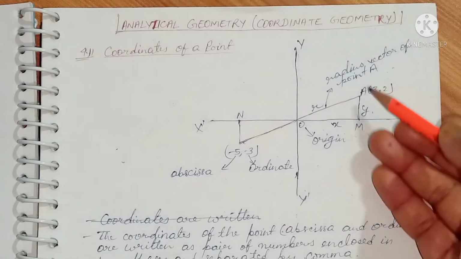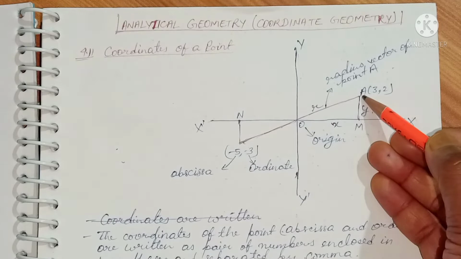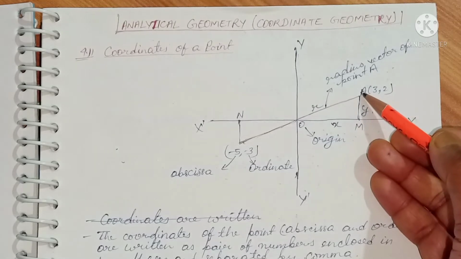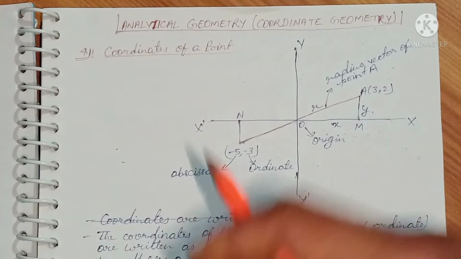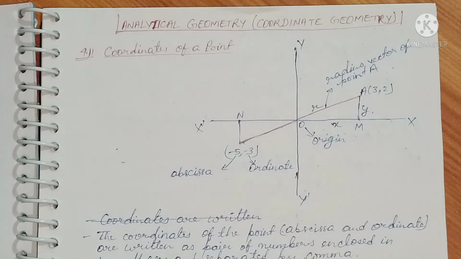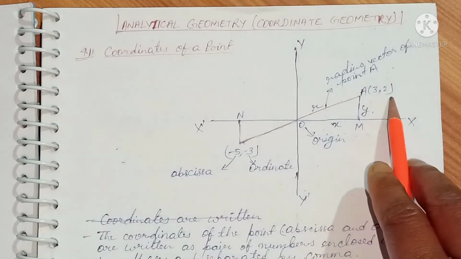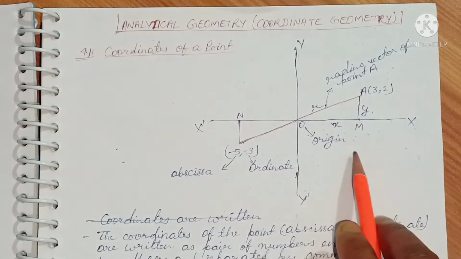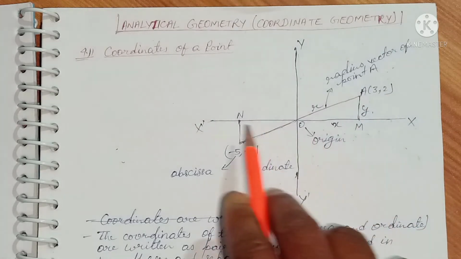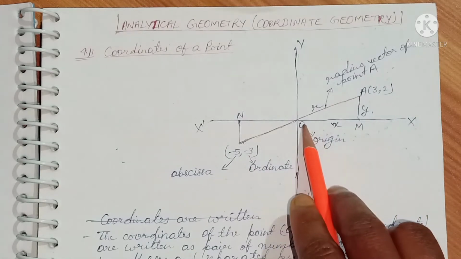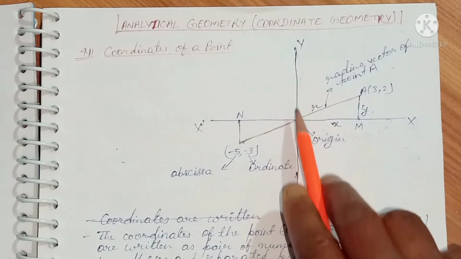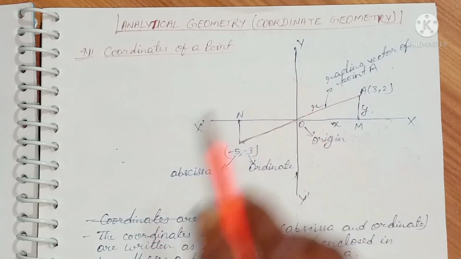For example, here a point A is there, so that point A can be represented by coordinate 3 comma 2. So the question is, what is this coordinate? Coordinate is the combination of the horizontal distance, or you can say the distance along the x-axis, and the distance along the y-axis.